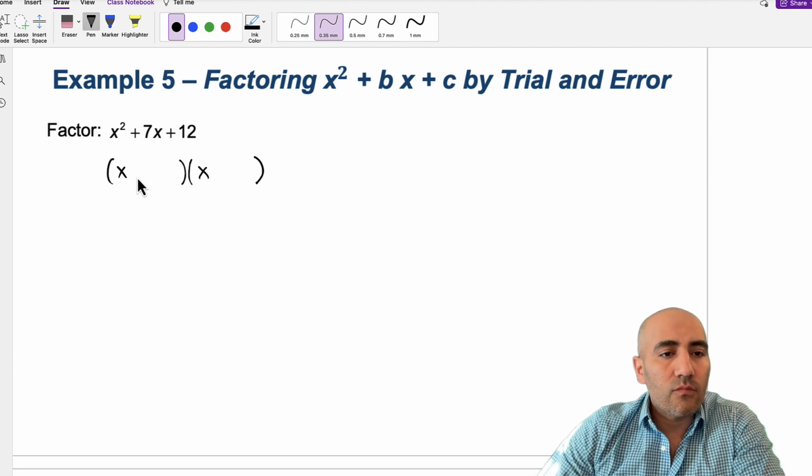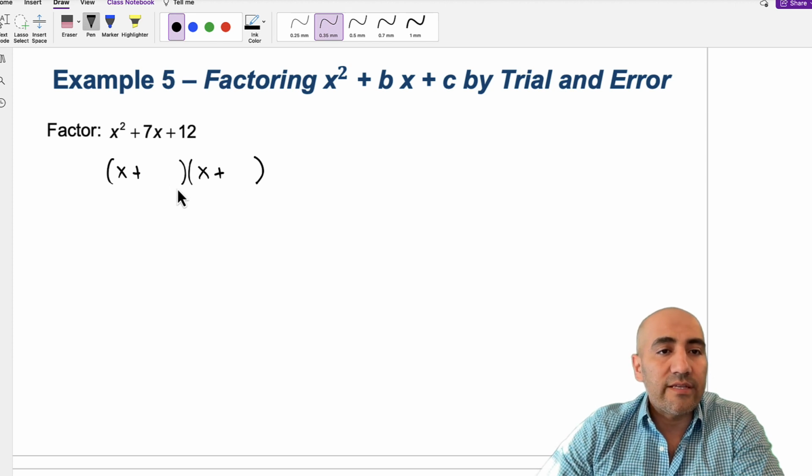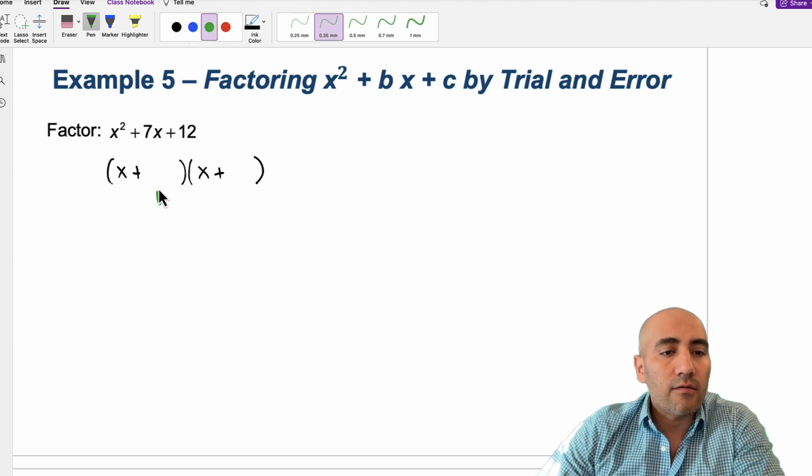Sometimes I just put the pluses and then realize that what goes in here could be a negative, so it could end up being a subtraction. But we're looking for two numbers, so this is where my r would go, and this is where my s would go.